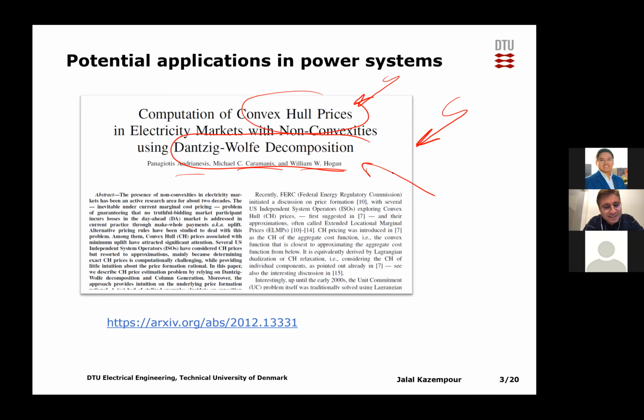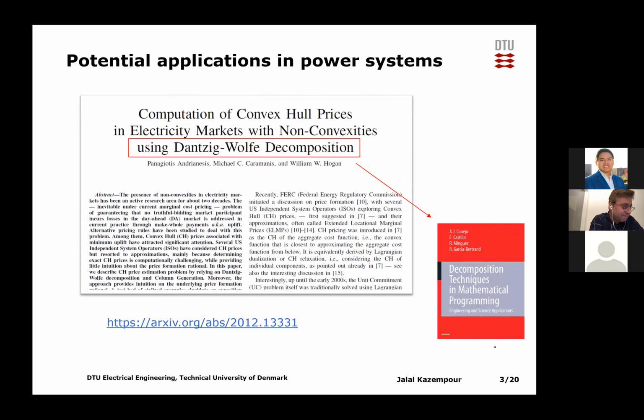When I saw this paper today, I was thinking why I eliminated Dantzig-Wolfe from this course. But if I added Dantzig-Wolfe, then the course could be extended a lot. I think since you learned Bender's decomposition and you will learn Lagrangian relaxation, it will be easy for you to learn what Dantzig-Wolfe is.